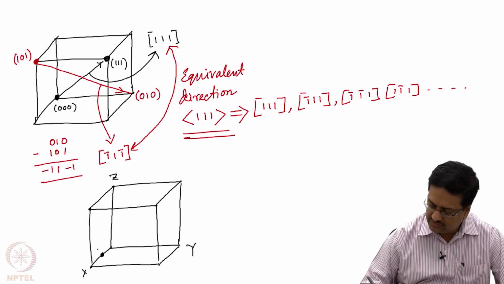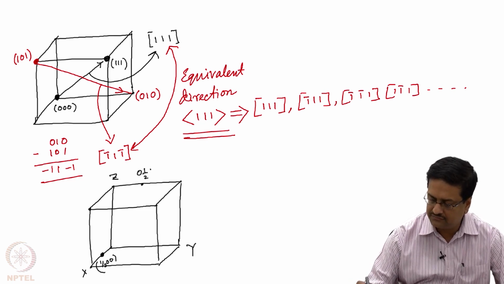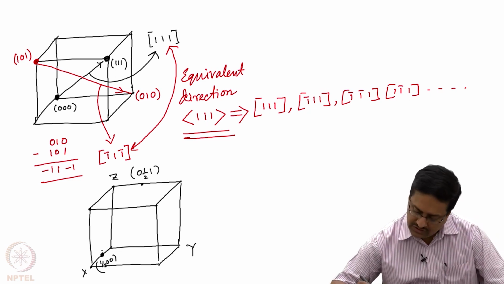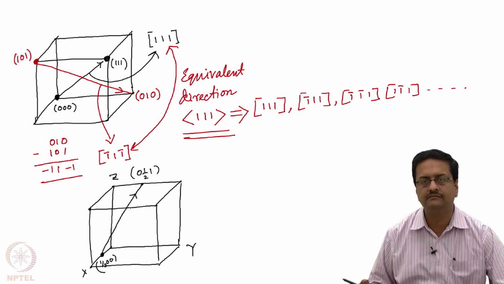So we start from a point which is half, 0, 0, and we go to another point here which is 0, half, 1. So we are trying to find out the Miller indices of that particular direction.